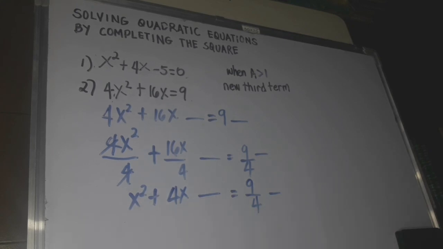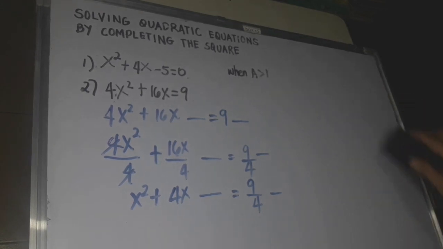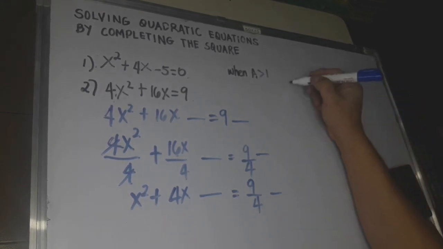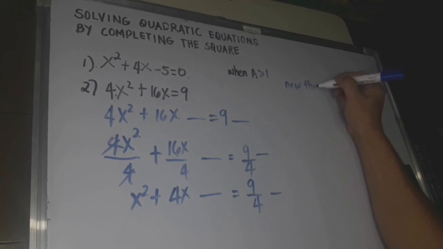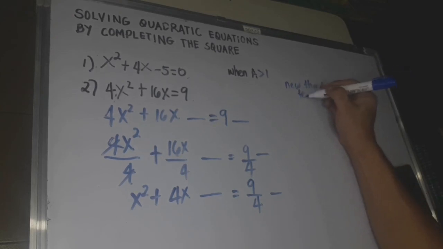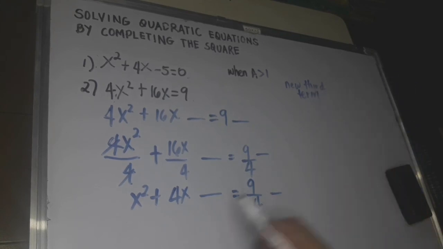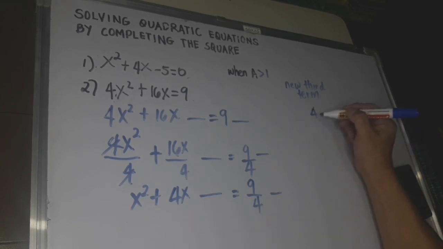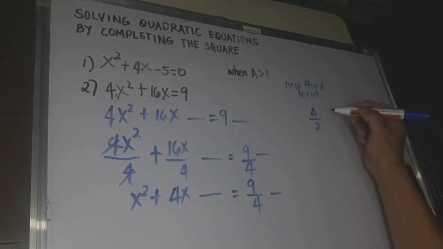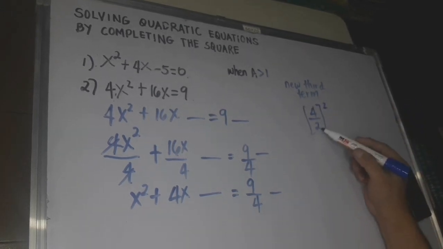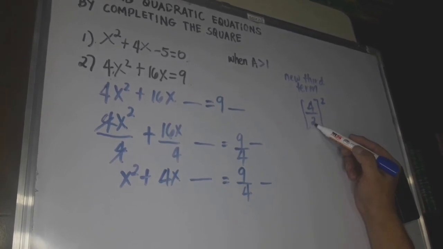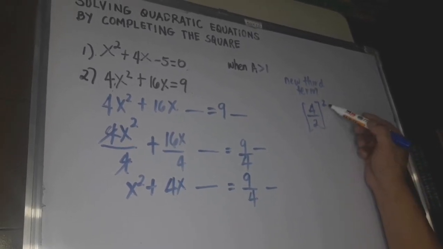How do we solve for the new third term? For the new third term, get the numerical coefficient of the second term, then divide this by 2, quantity squared. The 2 here is always there, as well as the exponent 2.